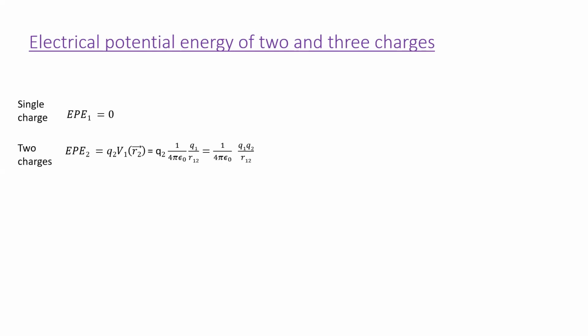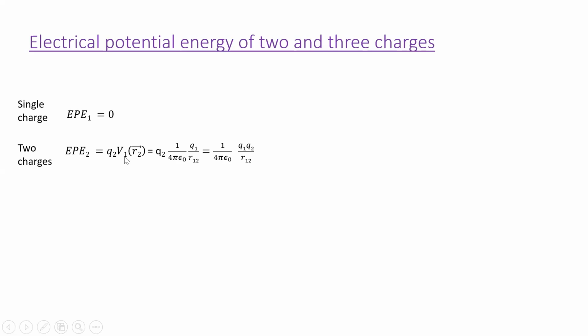Okay, what about 2 or 3 charges? Well, let's start off with a single charge. If we have a single charge, we don't have any potential energy because we don't have any interaction with any other charge. So let's just establish that there's no intrinsic electric potential energy for a single charge. With 2 charges, we have just done that, because we can treat either one of them as a point charge.